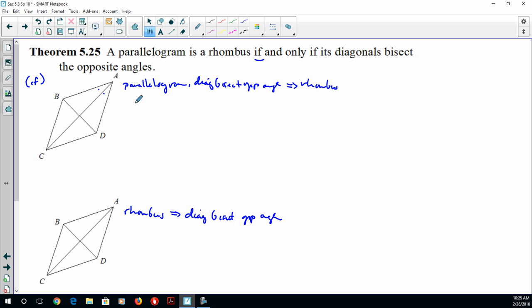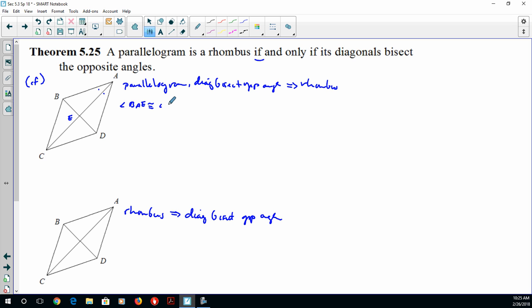Let's not call it C, let's call it E. Let E be where they intersect. Angle BAE is going to be congruent to angle DAE. Okay. So those two are bisected.